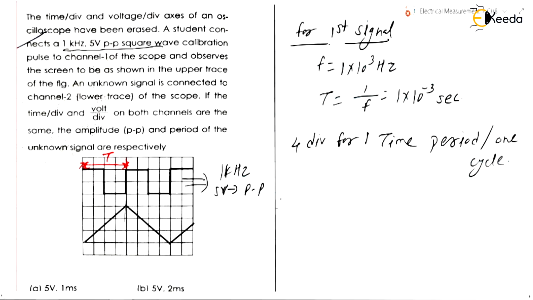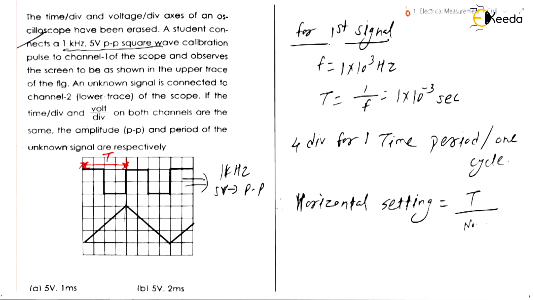Therefore, horizontal setting is equal to T divided by number of divisions.